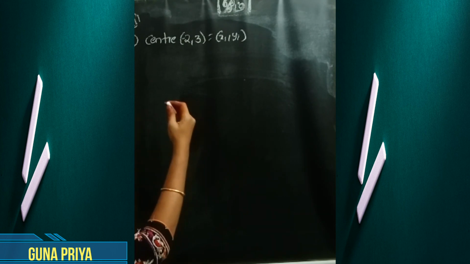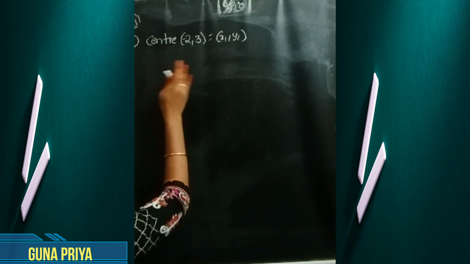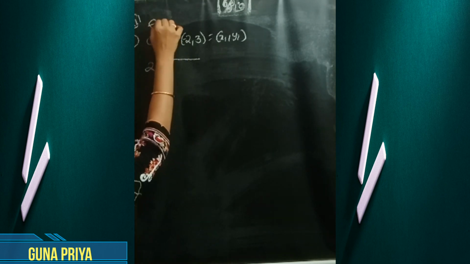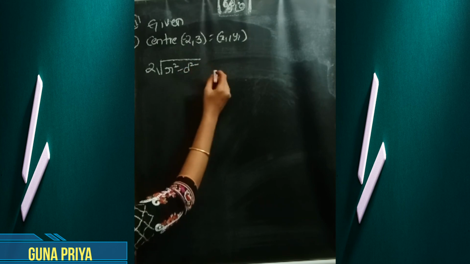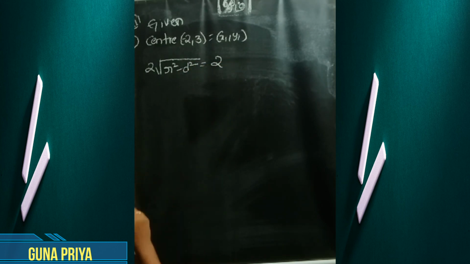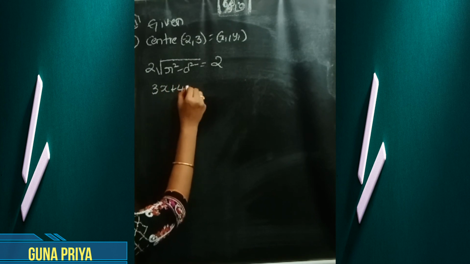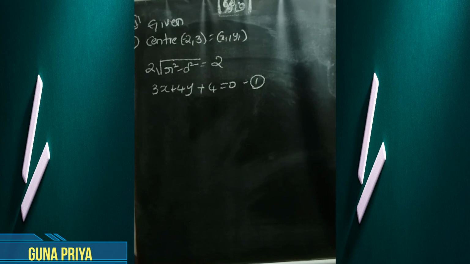Okay, same as before, only they have changed the model of the question. Chord length means we use the chord formula. These are given: the line 3x plus 4y plus 4 equals 0, and the chord length 2.